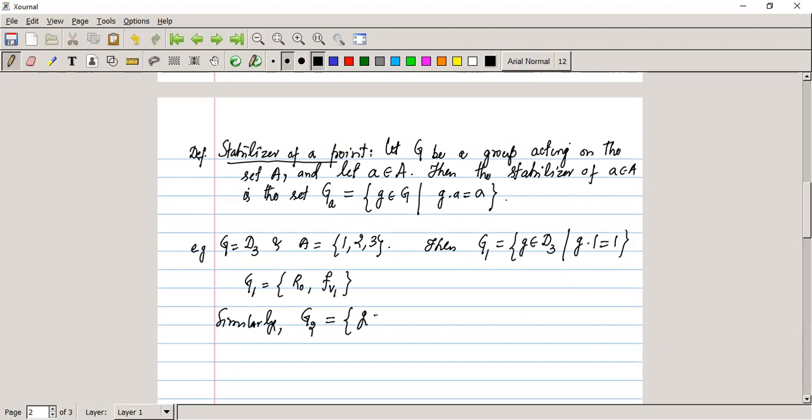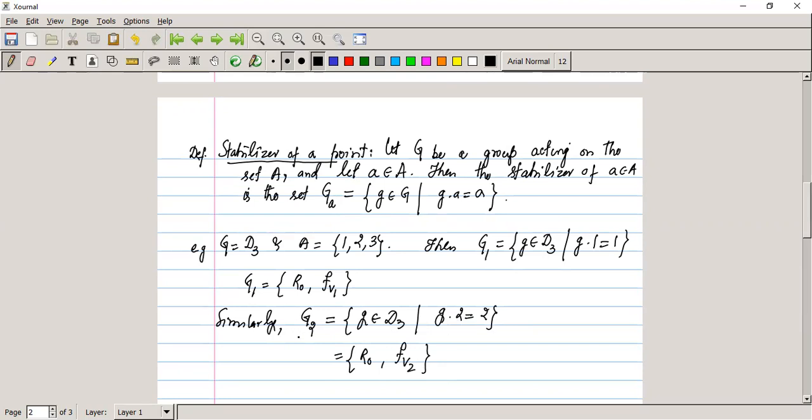denoted by G2, is again the set of elements in D3 such that g of 2 is equal to 2. Now, keeping the same things in mind, we can see that the identity reflection fixes everything. So it in particular fixes the point 2, and in fact the reflection along the vertex V2 will fix the point 2.